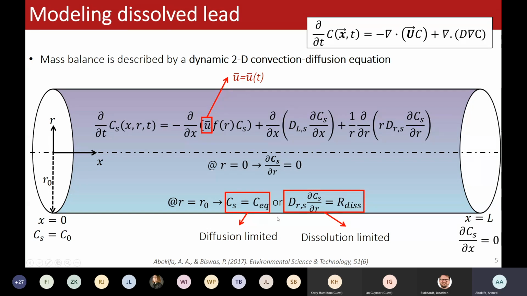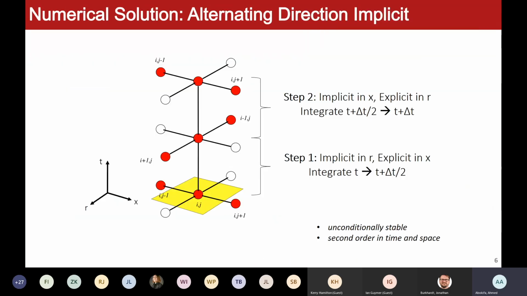But alternatively, we could also simulate this boundary condition with what we call a dissolution limited model, where we explicitly account for the flux of dissolved lead from the scale using a dissolution rate function or term.